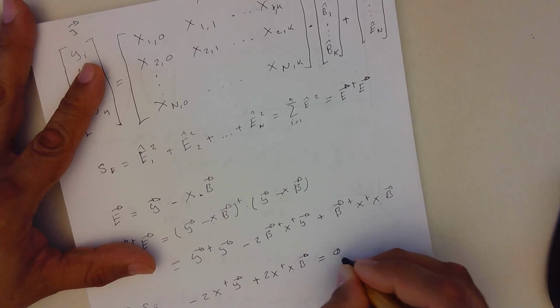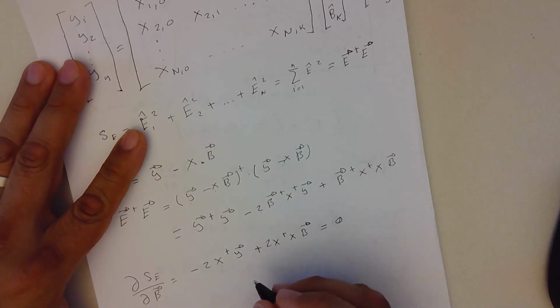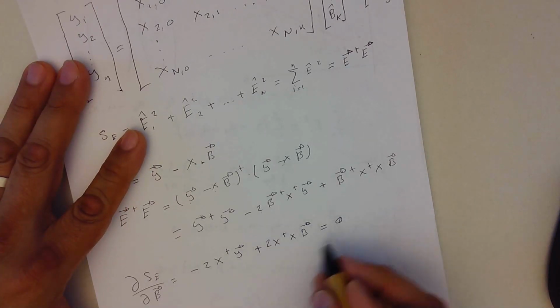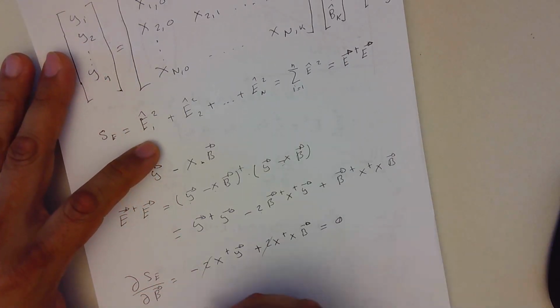This will be equal to 0, and then we can simplify these 2 and get rid of these 2, right?